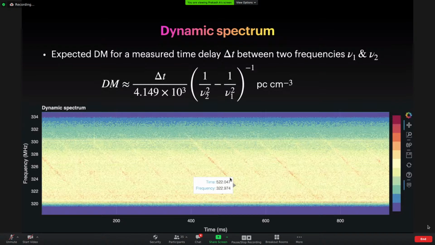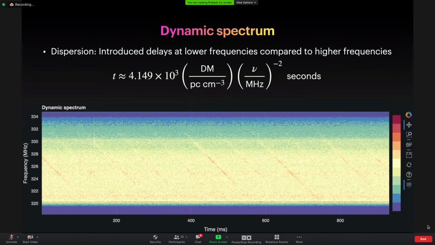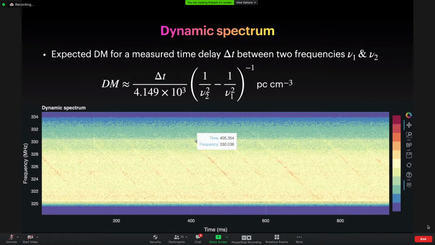This presumes that it was emitted simultaneously at the source. Now, the expression that you saw earlier can be written for two different frequencies to get two different delays. And that can be inverted to calculate an approximate DM. So if you have the frequency values of two points and the delay between these two points, you can get a rough idea of the dispersion measure.